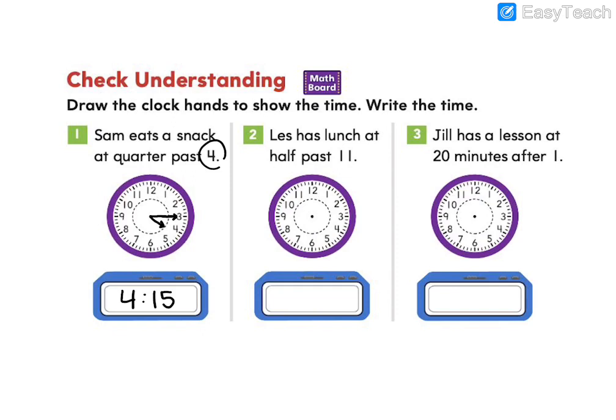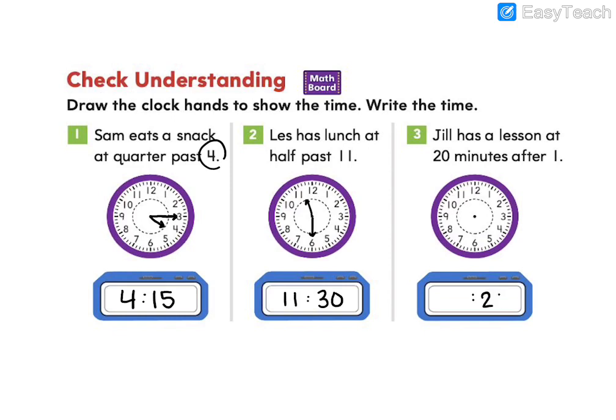Les has lunch at 11:30. 11:30 is equal to 30 minutes after 11. For 30 minutes, the minute hand points to 6. That means it's halfway between 11 and 12. It's 11:30. So my hour hand will point between 11 and 12.